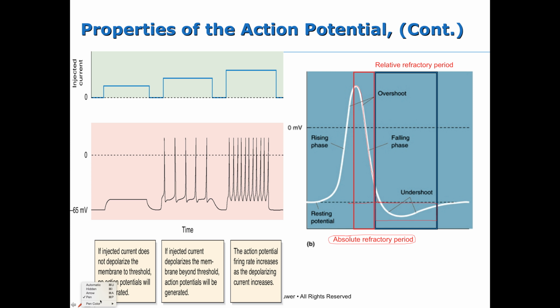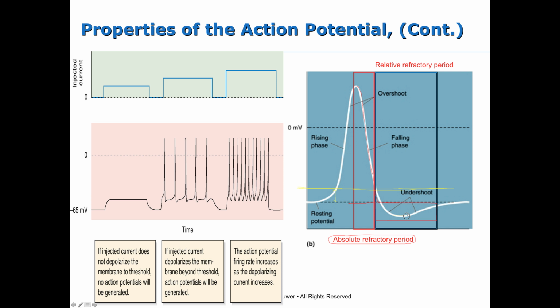So if we change the pen color really quick, let's change it to yellow. Here's, let's say, negative 55 millivolts, right? So this is negative 55 millivolts, here's negative 70. You need roughly 15 millivolts of difference to get from negative 70 to negative 55, right?